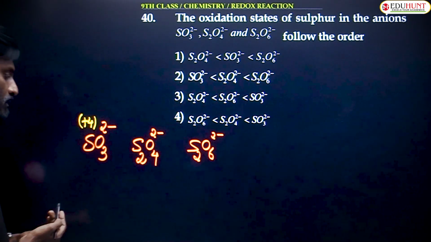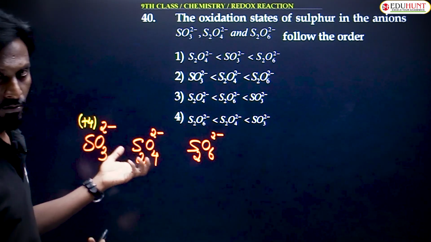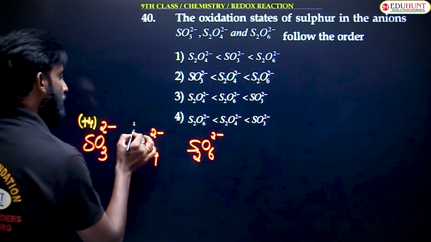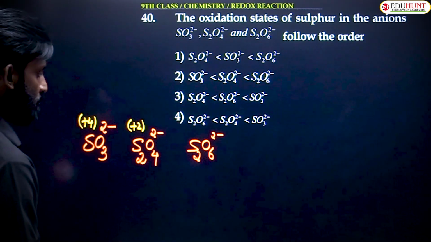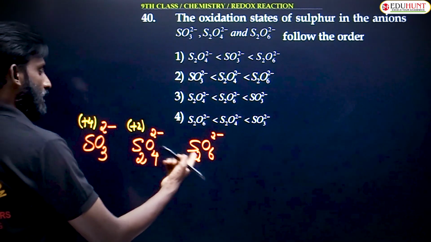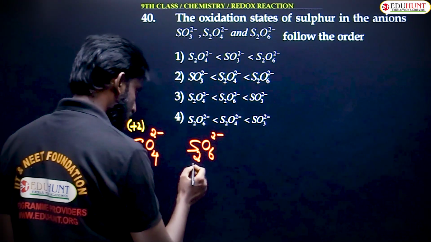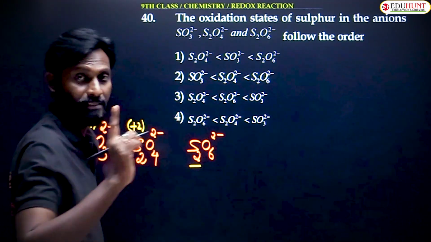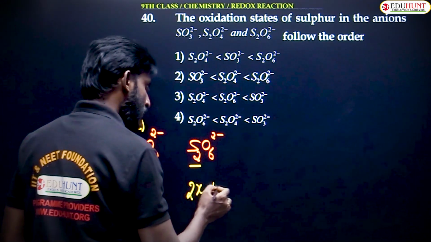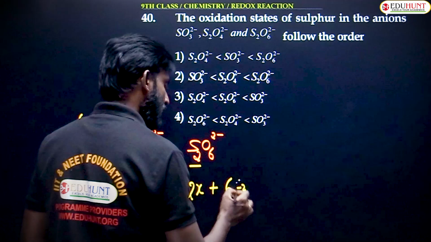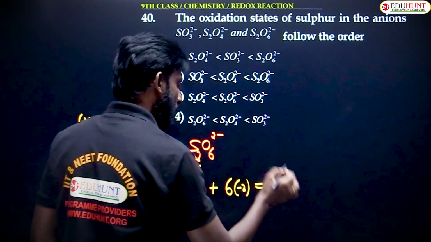Similarly, Na2S2O4, this is sodium thiosulfate. Here the sulfur oxidation state comes out to be +2. And what about S2O6 2 negative? Let the oxidation state of sulfur be X. So 2X plus 6 into -2 is equal to 2 negative.